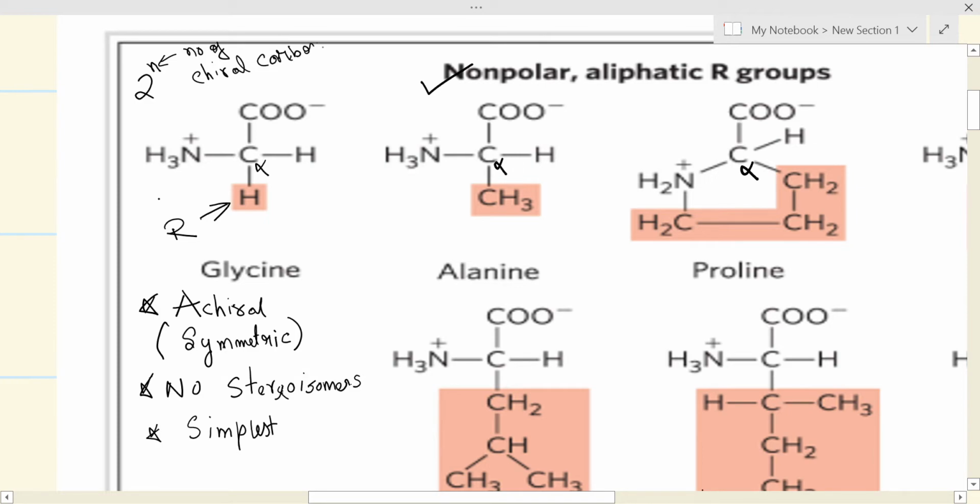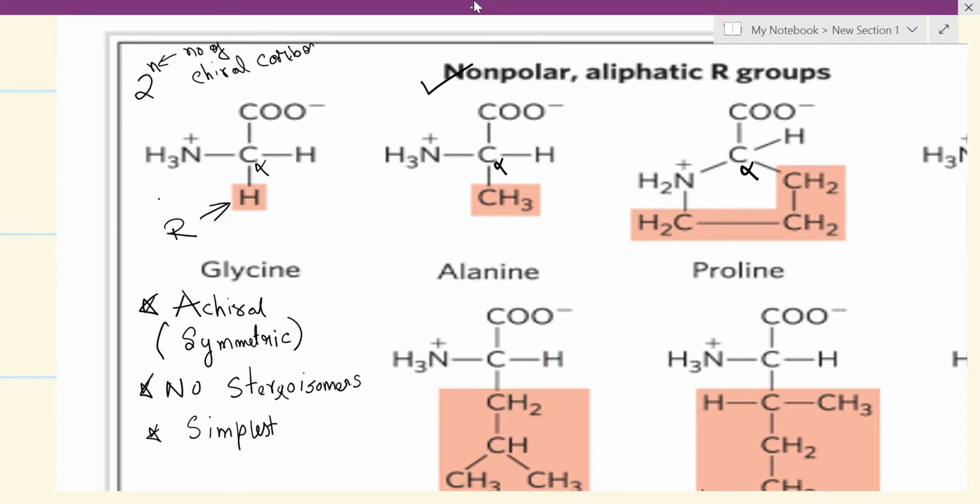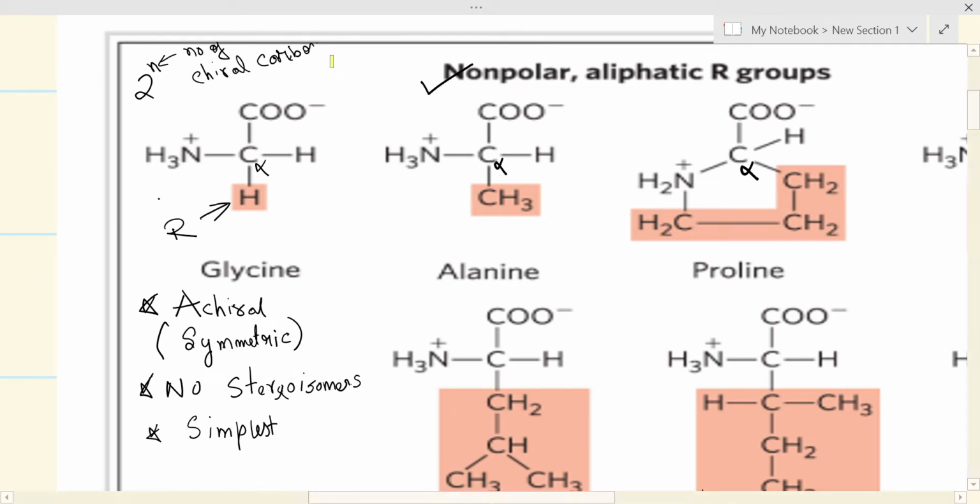So this is the simplest formula that you need to remember to calculate number of isomers or stereoisomers. I hope it is clear.